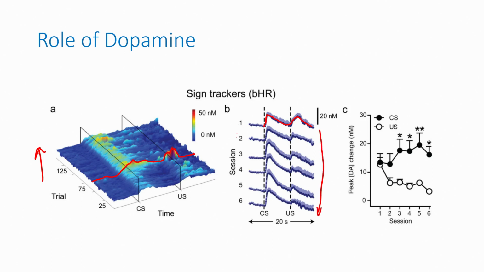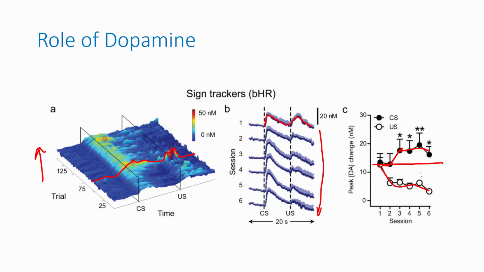That is the progression of the sessions, and you can actually measure this peak and plot it as a function of sessions. What they have shown is that from the start, the dopamine response towards the CS goes up in these HR animals, high responsive animals, while for the US it comes down, that is critical here.